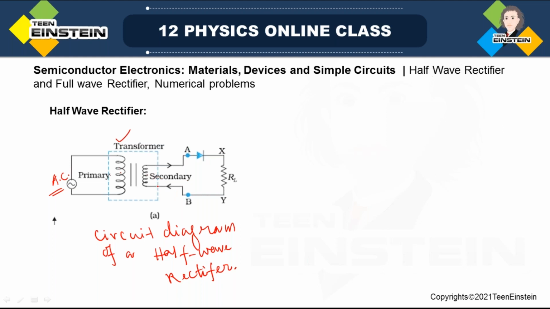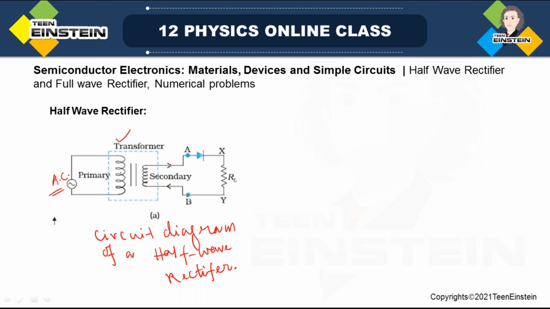The terminals A and B of the secondary are connected in series with a single PN junction diode, through a load resistor. That means the two terminals of the secondary coil are connected to a diode, and along with that there is a resistor in series, and that's how the circuit is complete here.